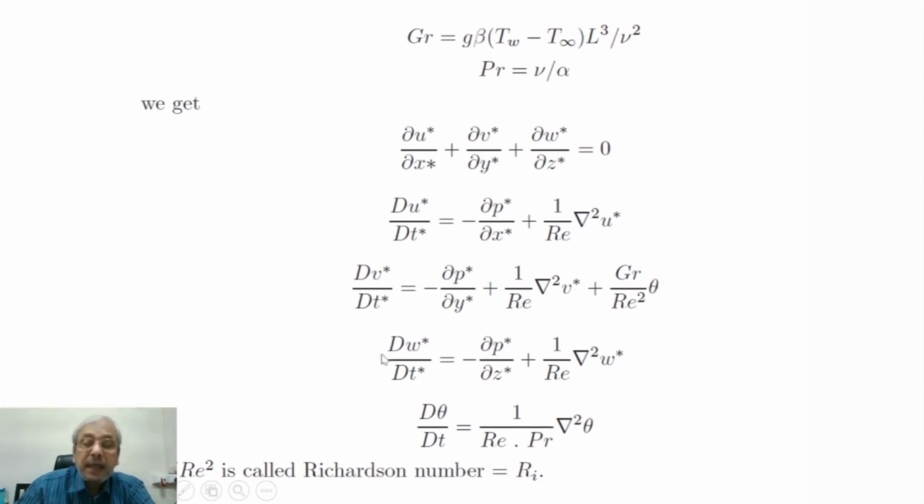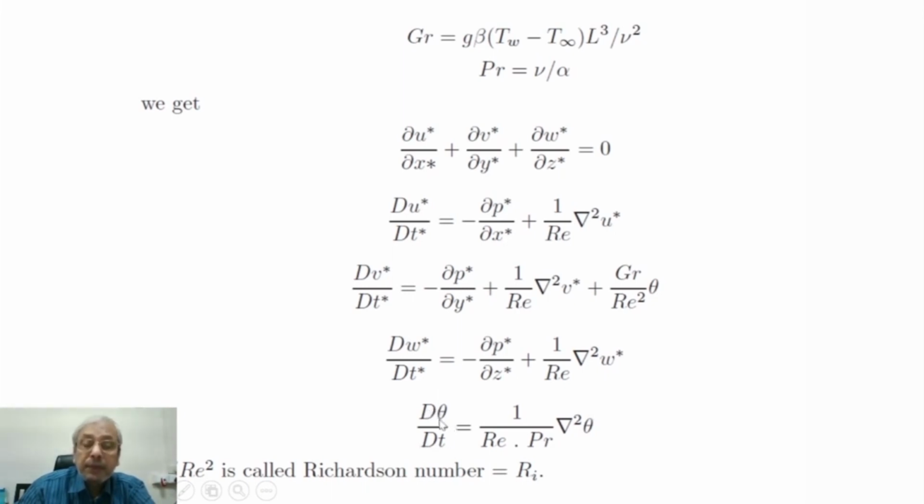Then in z direction, the momentum equation is the total derivative of w star equal to minus ∂p star/∂z star plus 1 by Reynolds number grad square w star. So this is the momentum equation in z direction, this is in y direction, this is in x direction, this is the non-dimensional continuity equation, and this is the non-dimensional energy equation.